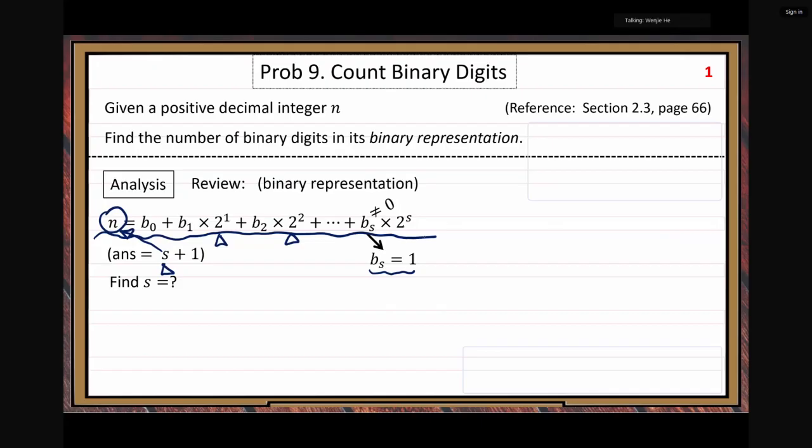You want to preserve the structure. This binary form is the nice structure, so you don't want to break it when you do the operation.